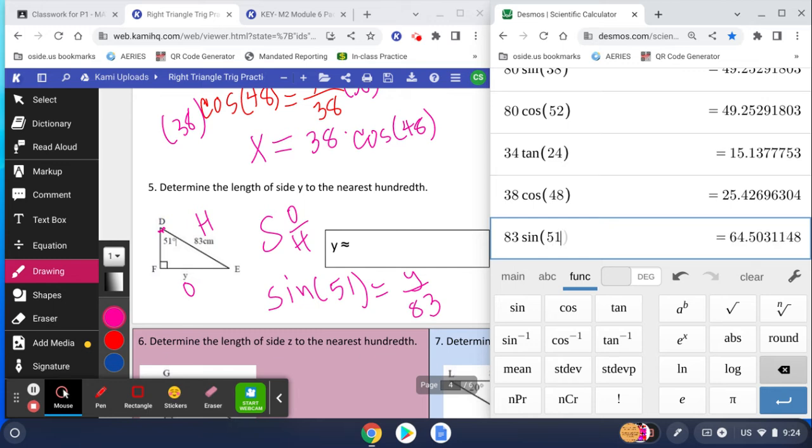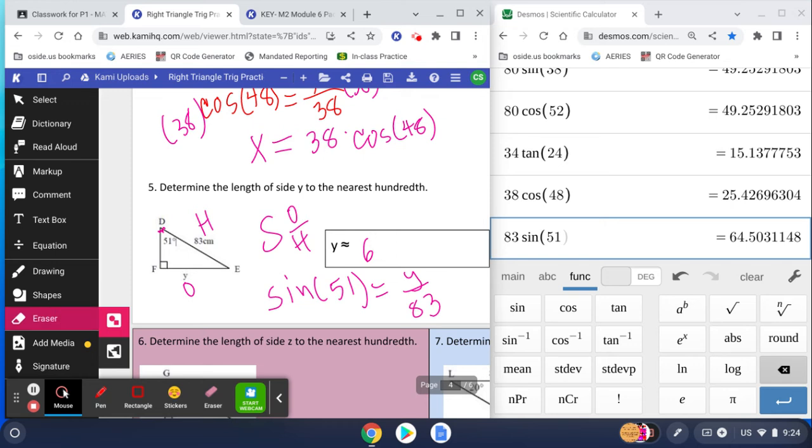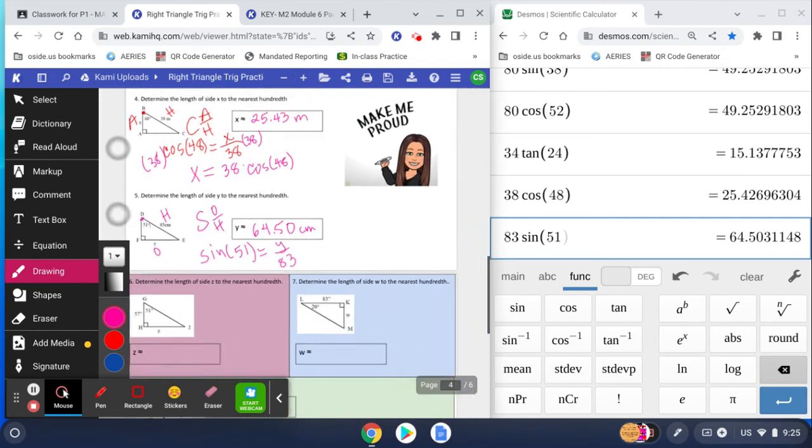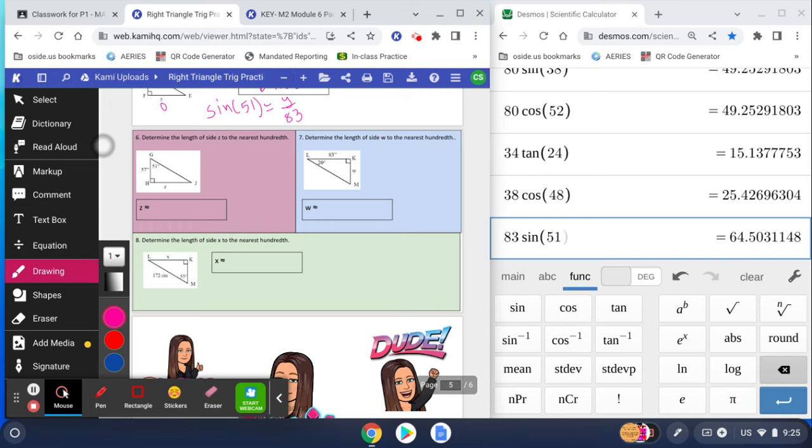We get 64.50 centimeters. You got it. Okay, so we're done with that slide, numbers 4 and 5. And we're going down to 6, 7, and 8. Pause the video at this time. Try to set up the trig functions on your own with your group at your table, and let's see how far you can get.